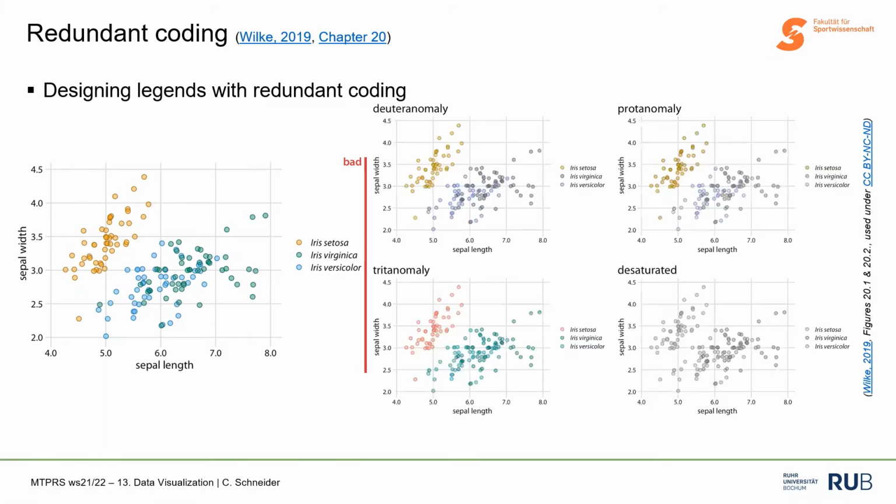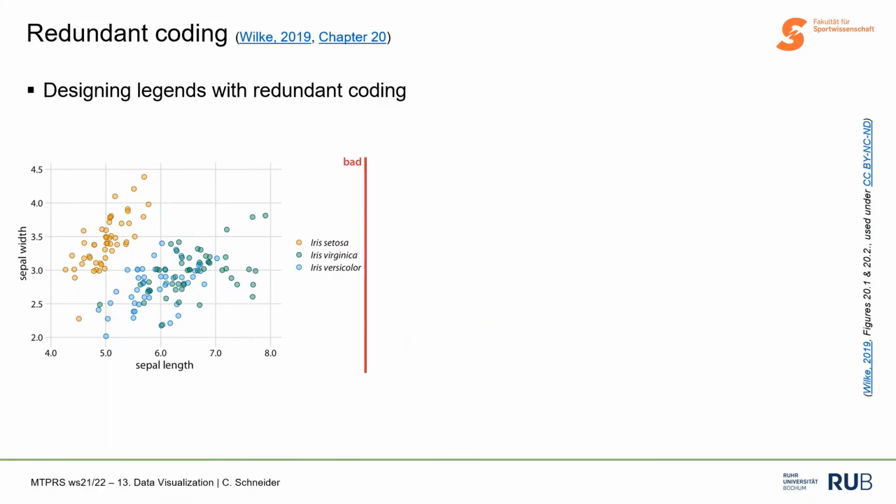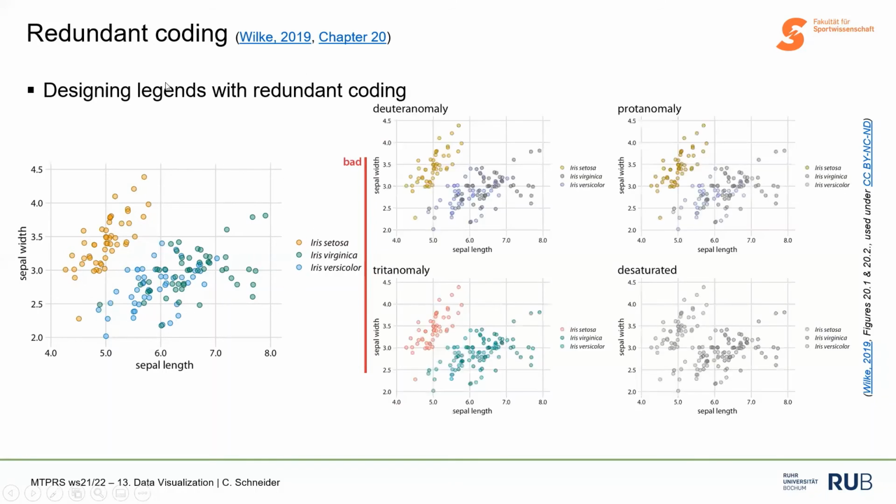It's very difficult to see the difference between the distributions of the categories, green and blue. And what we always have to keep in mind, and there are probably also some persons in this class, is that there are different visual limitations, for example different types of color blindness.